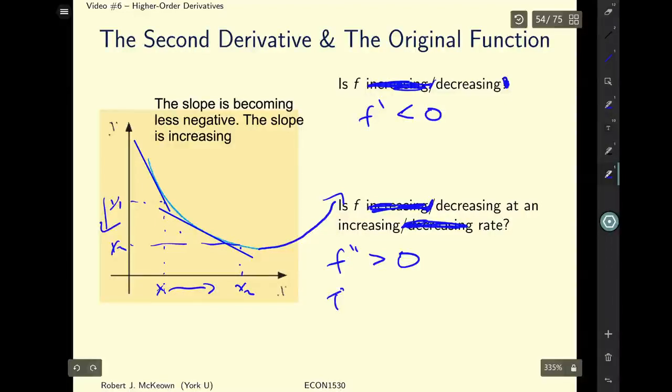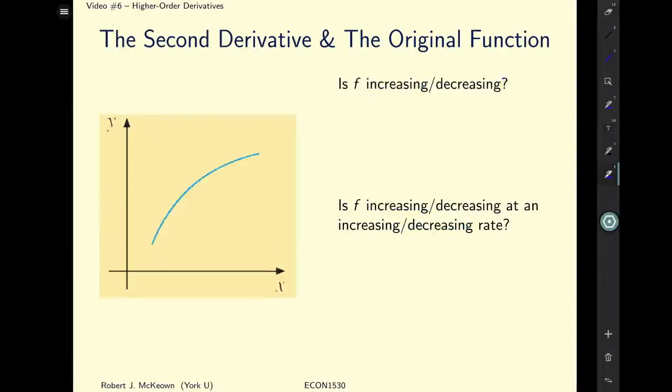All right, I hope that you're getting the hang of this. Maybe I could ask you to do it yourself. If you want to do it yourself, by all means. But let's take a look. Is f increasing or decreasing?